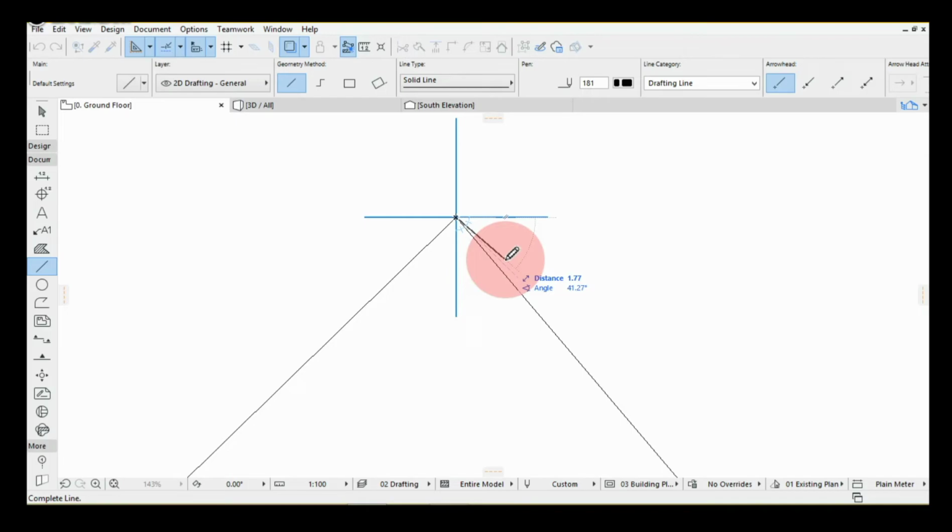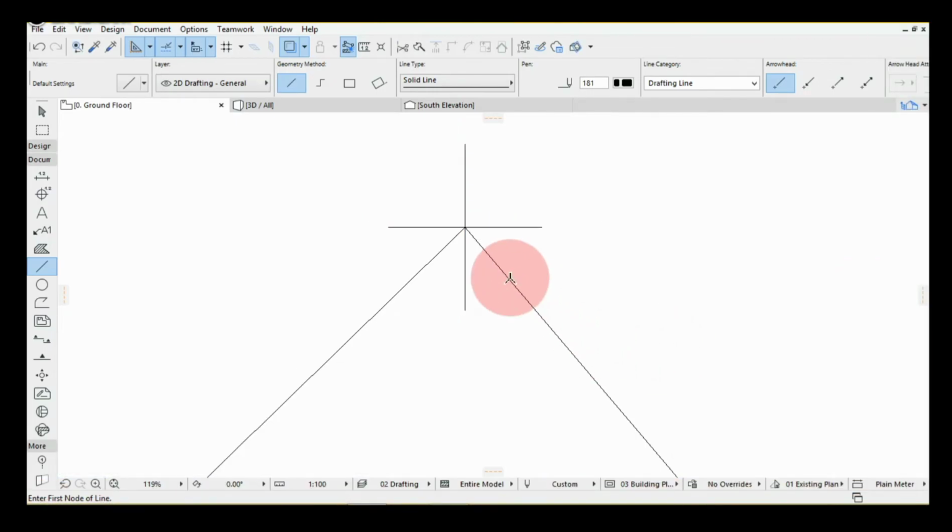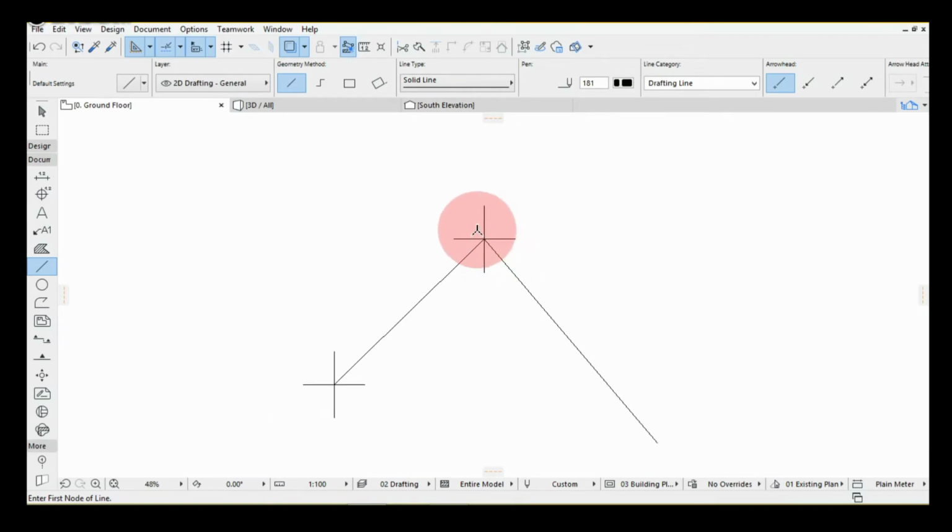But first of all, let me enter the distance. And what is the distance? 21.8 meters, and the angle I need to enter is 50.233. I press my enter key. You see it's landing exactly on this angle.